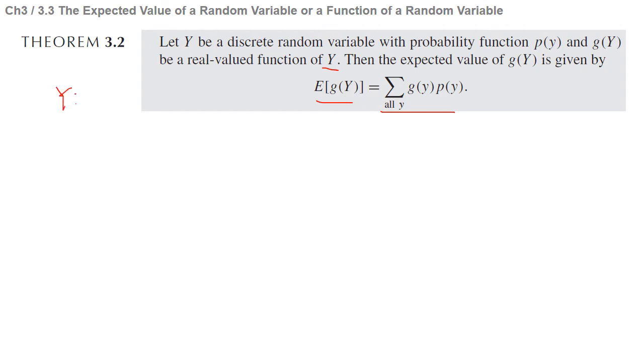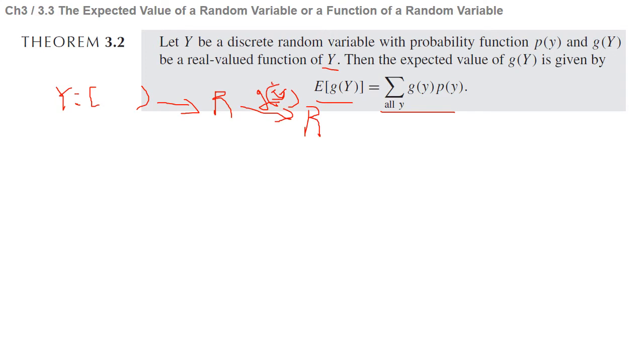This random variable y is a function from the set of simple events to a real value, and this g is a function from real value to real value.